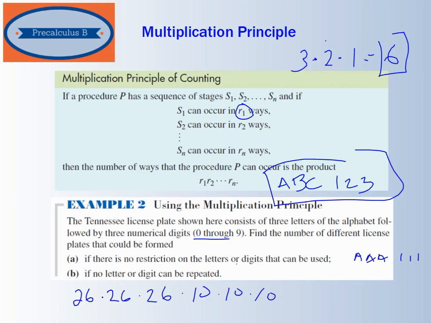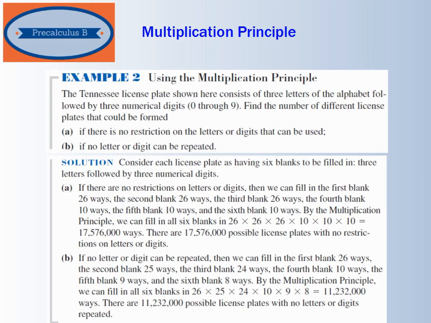If you can't repeat, then it would be 26 times 25 times 24 times 10 times 9 times 8. The reason we have to reduce our numbers as we go in the second one is because we can't repeat, meaning our number of possible choices is getting smaller every step of the way.